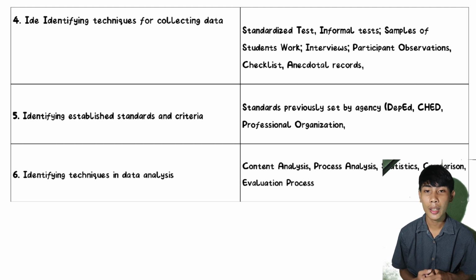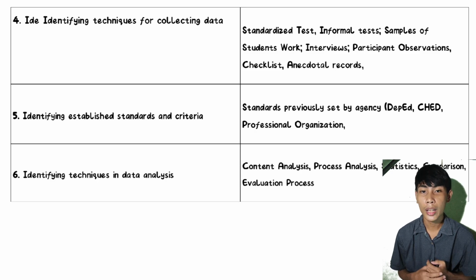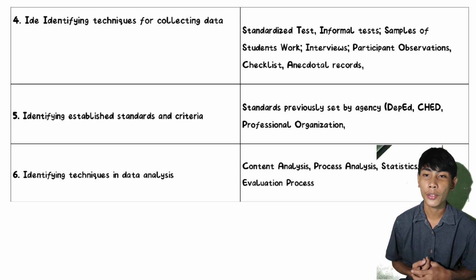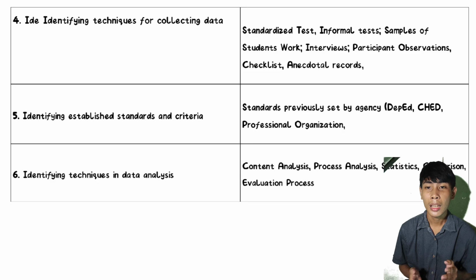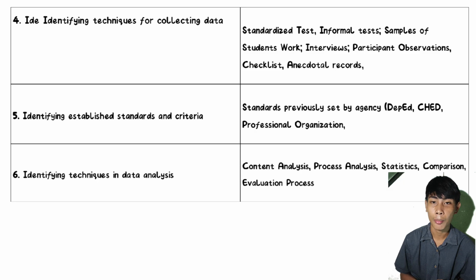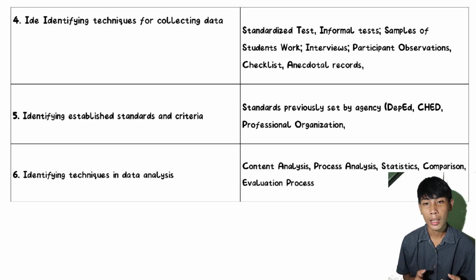Standardized test, informal test, samples of students' work, interviews, participant observations, checklists, anecdotal records. In the fifth step, identifying established standards and criteria. Standards previously set by agencies like DepEd, CHED, professional organizations.